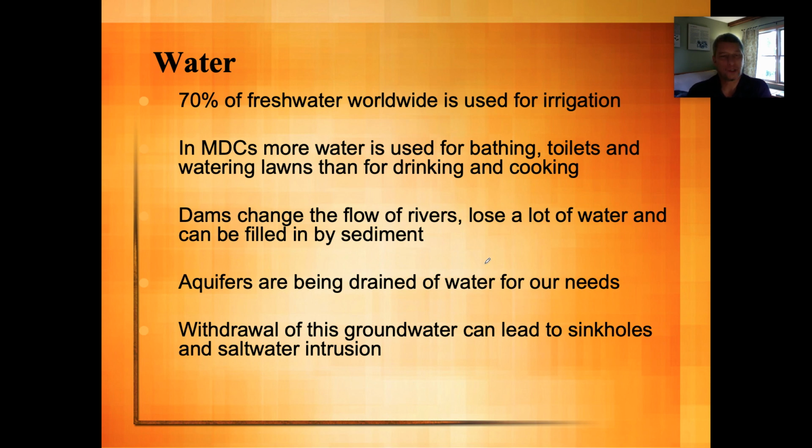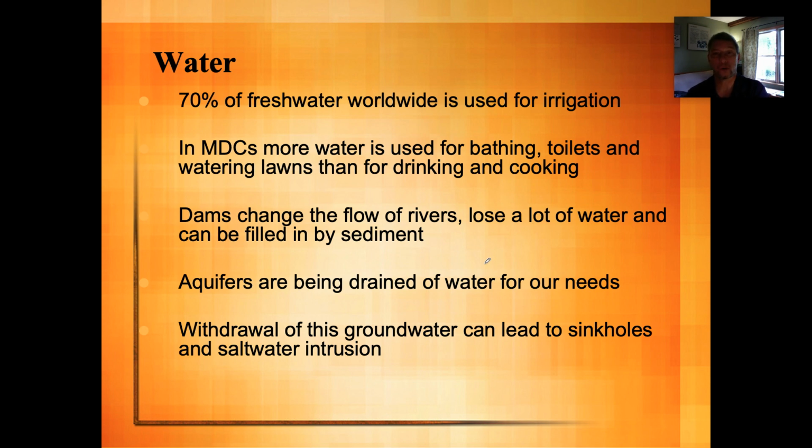Oftentimes, in order to divert the flow of water, we will build dams. Dams will change the flow of a river, and they lose a lot of water and eventually become filled in by sediment. So either you have to dredge the area behind the dam, or you've got to build the dam even higher. At the same time, we're draining our aquifers.